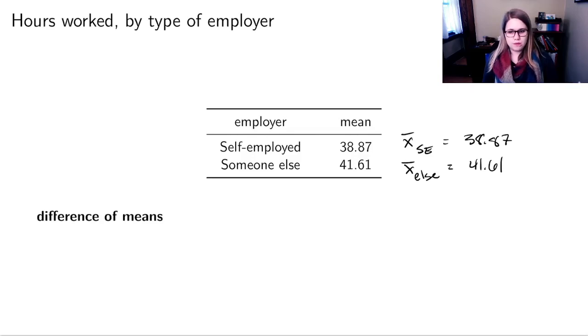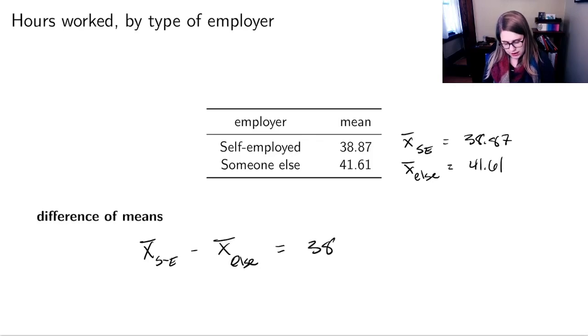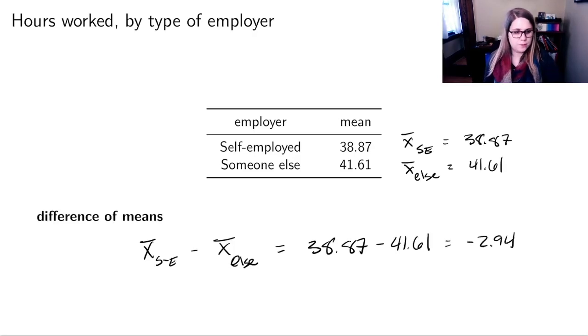Similarly to the way that we found a difference of proportions, we could find a difference of means. So we could say X bar for self-employed minus the X bar for else. And again, you've got to be careful with your notation, but that would be 38.87 minus 41.61, and I get a negative 2.94.